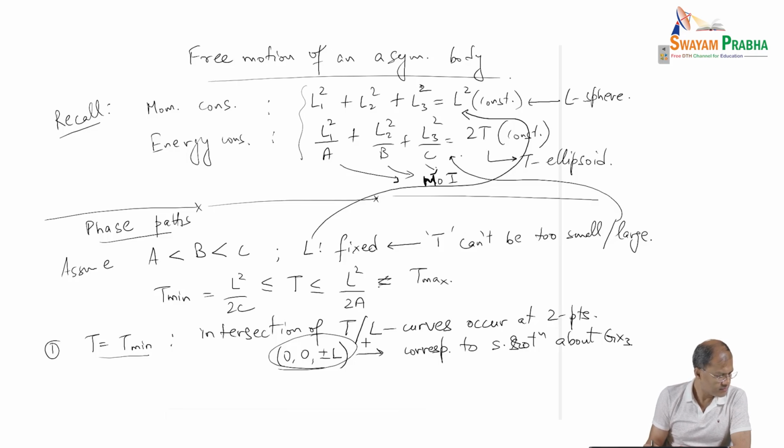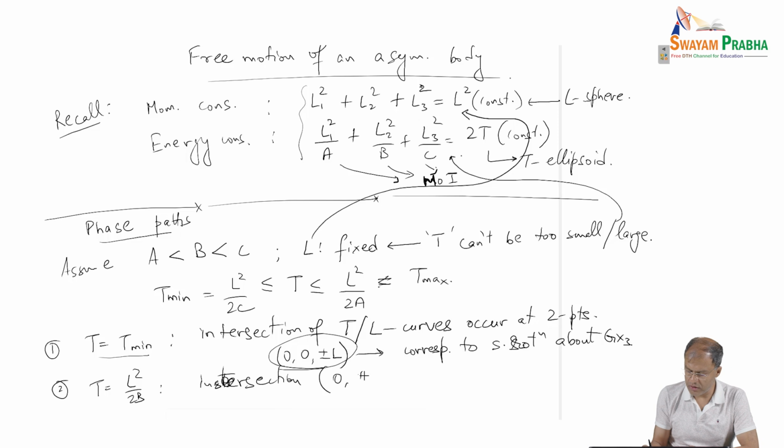Okay, so then similar conclusions can be drawn. For example, if T is L square by 2B, then the intersection occurs at 0, plus minus L, 0, and in that case the rotation is about the x2 axis.